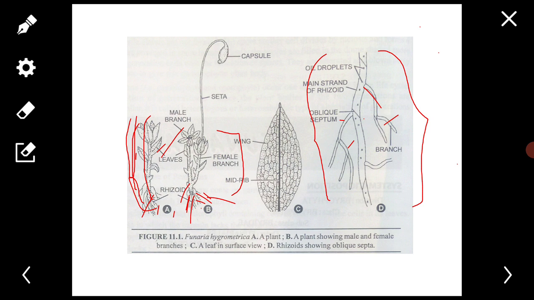The main stem or main axis is erect, cylindrical and branched. The branches are extra-axillary and monopodial.